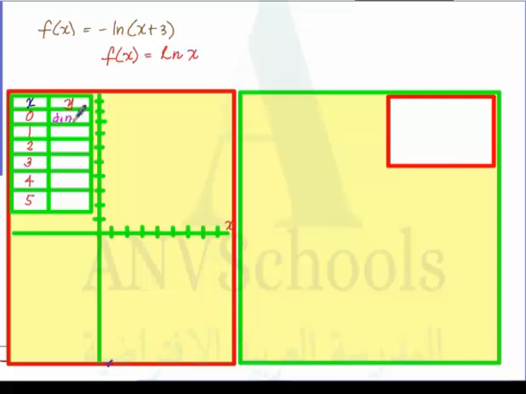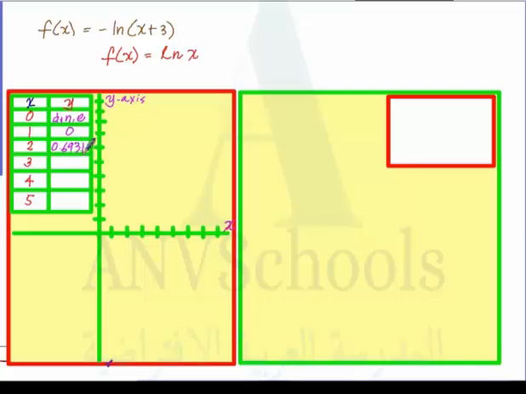Therefore, we have an asymptote at this point, at x is equal to 0. So where is x is equal to 0? Just the y-axis. Okay, this is our x-axis. And if x is 1, then ln of 1 is 0. If we have x is 2, then ln of 2 is equal to 0.6931.